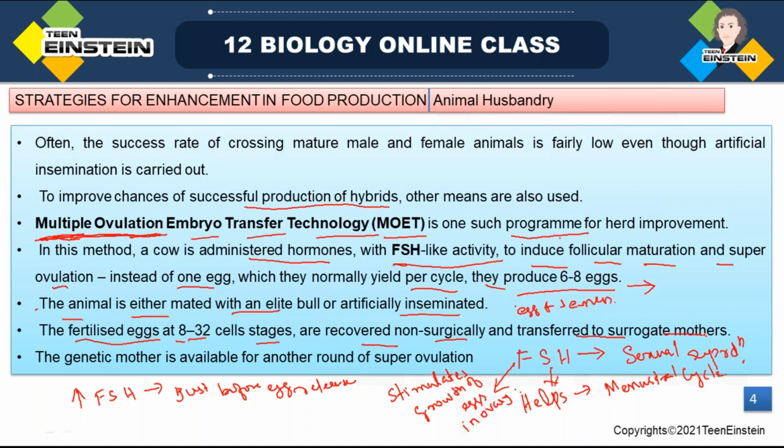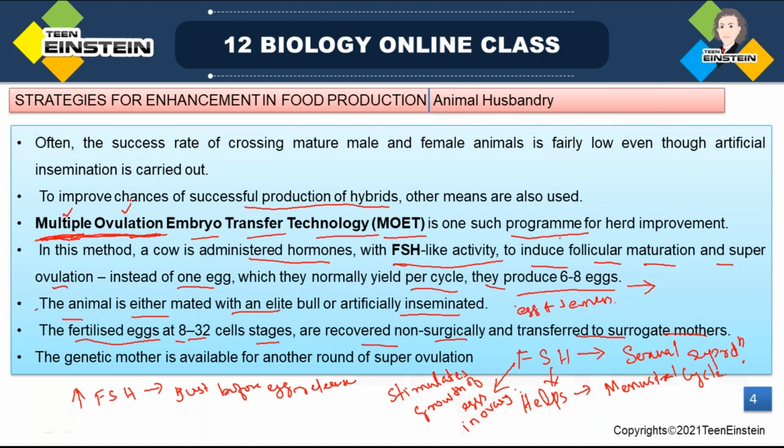Okay. So multiple ovulation embryo transfer technology. What is that? First, multiple ovulation. Instead of one egg per cycle, the cow is induced with a follicle stimulating hormone-like hormone, so that it will produce 6 to 8 eggs per cycle. Then the animal is either mated with elite bull or artificial insemination is done.